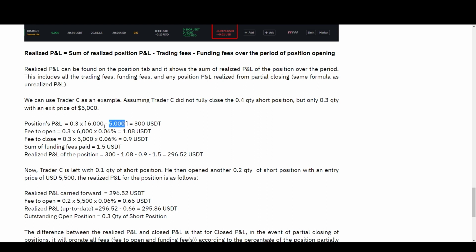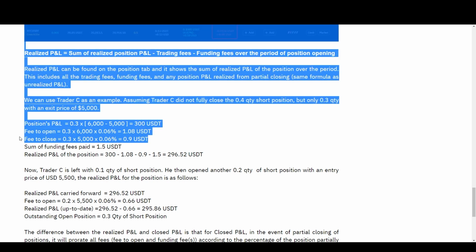And even if you keep adding on and adding on, all you do is take your average entry, multiply this by your average entry, multiply this by your exit, and then you would get your fee. So your fee would be this times your average entry, then this times your exit, and those would be your fees.